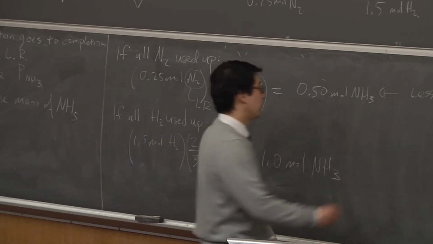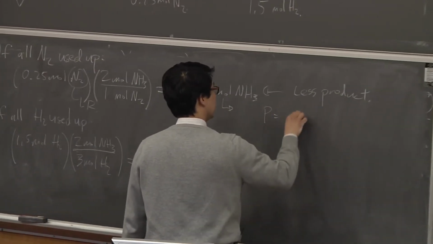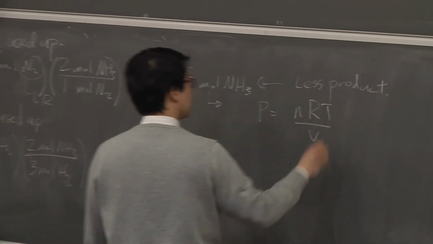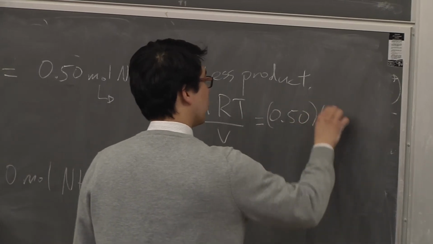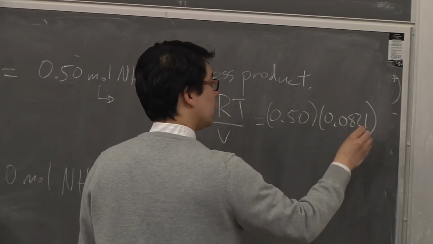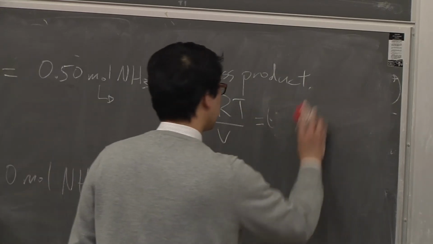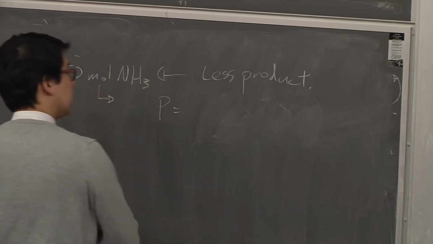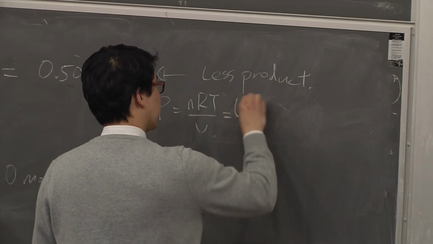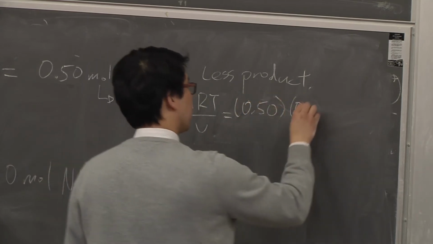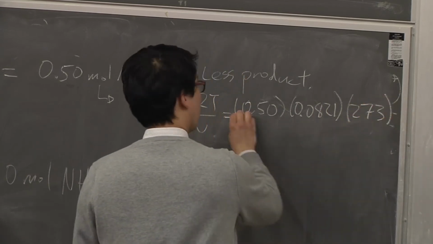Yeah, so we take this and use it in P equals nRT over V. We're going to say 0.50 moles times 0.0821 R times 273, all over 10.